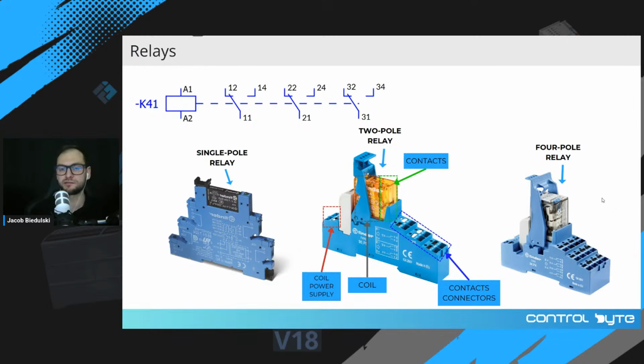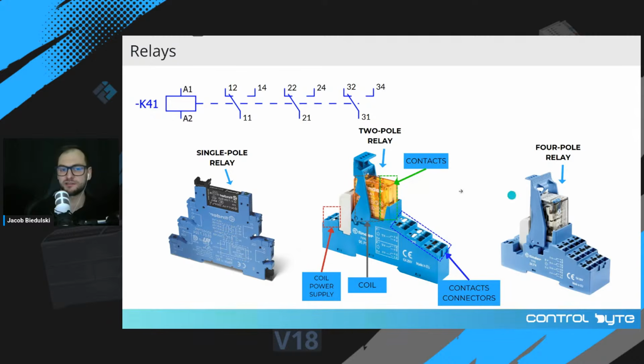Relays are used for lower currents and non-induction loads, like, for example, heaters, lamps, and so on. You can also use relays with pneumatic or hydraulic valves. They are usually used, for example, for valves.